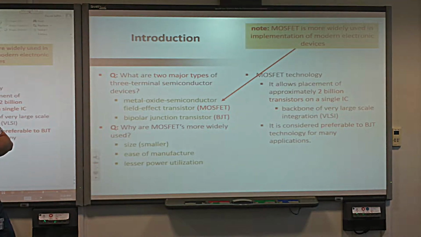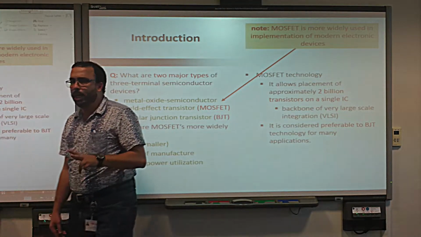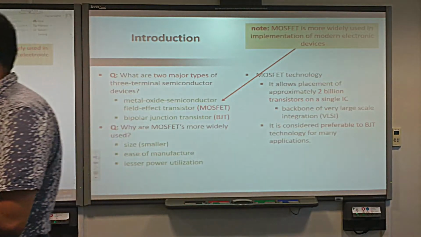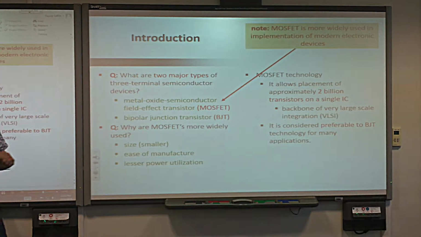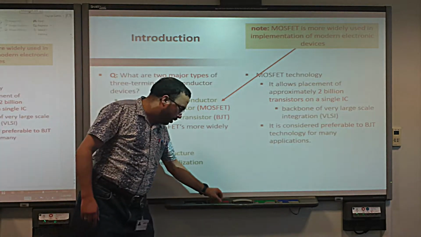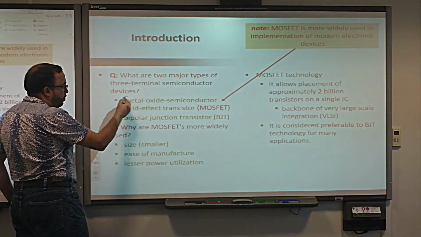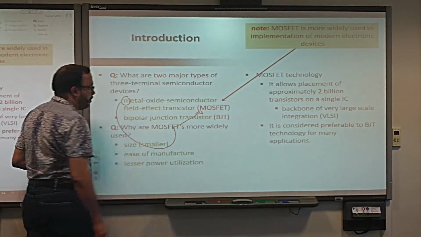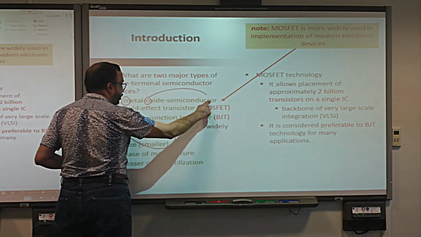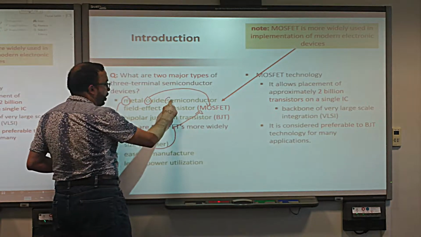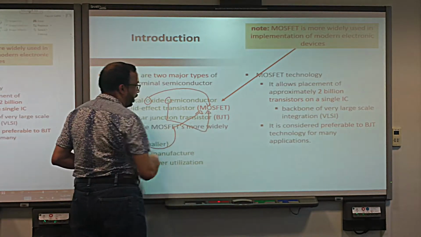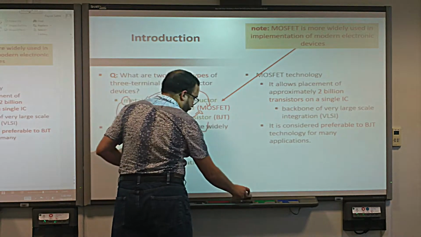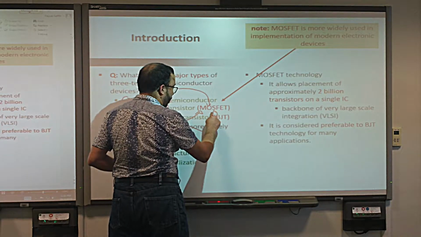So, as I said before, we have 2 types of transistors, or 3-terminal devices, in electrical engineering, and that is the MOSFET and the bipolar junction transistor. The MOSFET stands for metal, oxide, semiconductor, or semi, like the Americans like to call it.